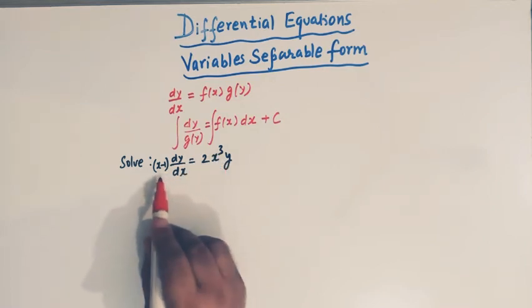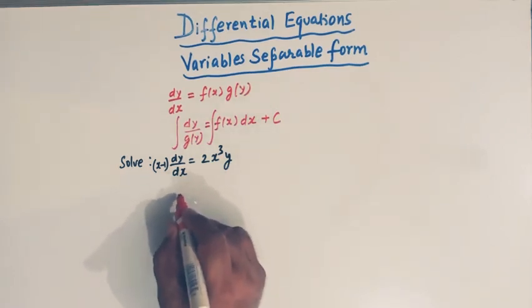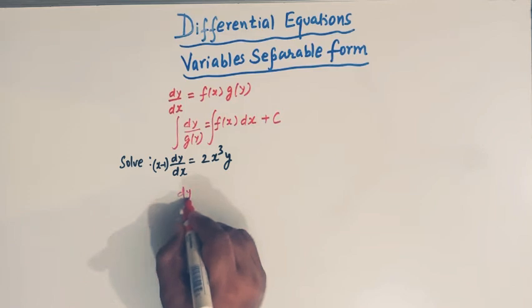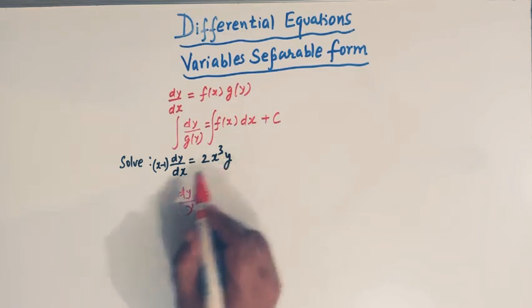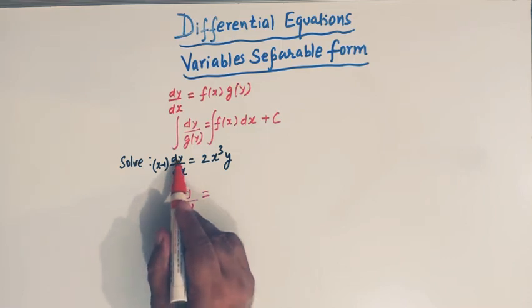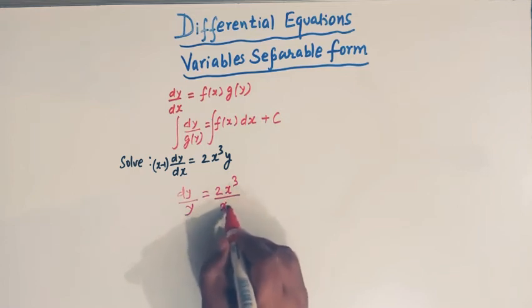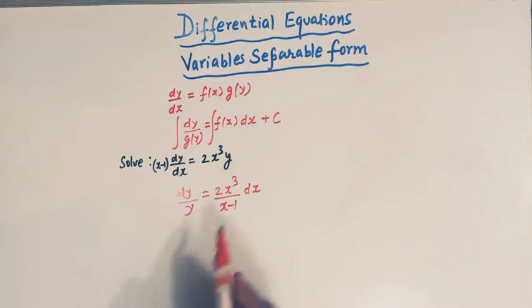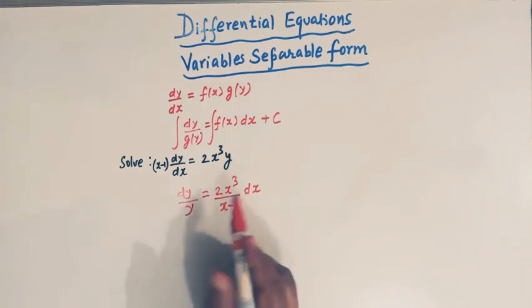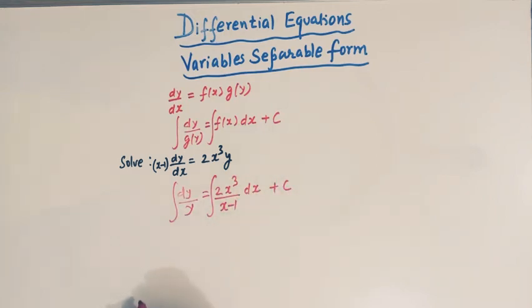Now again we'll separate the variables, so we can write dy over y, taking this y to the denominator of dy, and here we have 2x cube divided by x minus 1, and here we have dx, right? So we have separated the variables. Now we'll integrate both sides. Here we have the constant of integration, right?